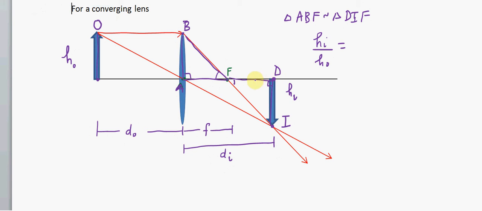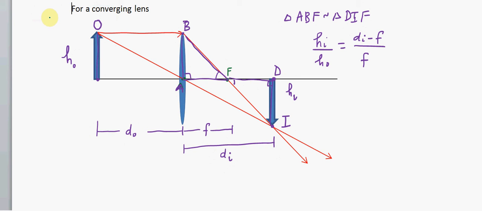Now rather than say DF, I'm going to say D sub I minus F, and over this length right here, AF, which is just the focal length, little f right here. Okay, so that's the first triangle pair that we can extract from here and see that they are similar.